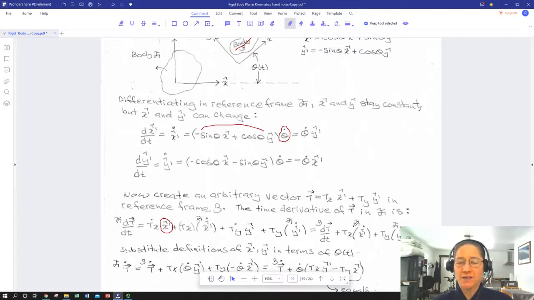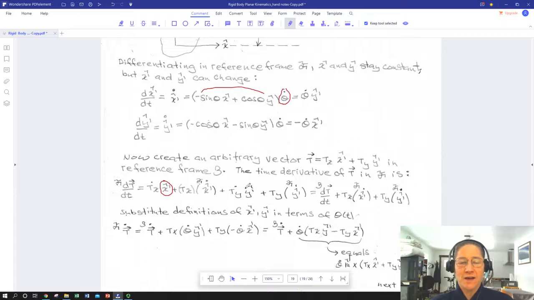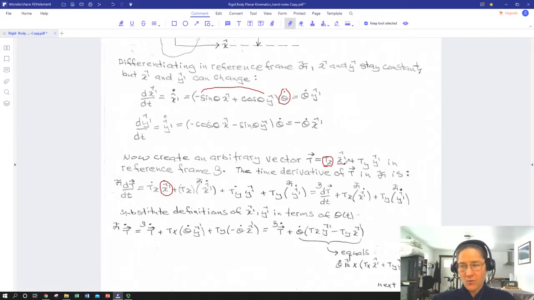And then we're going to collect terms based on reference frame. So when we look at t sub x dot, that's the time rate of change of the length, this length, in this reference frame. So t sub x dot is how fast the vector t is getting longer parallel to x prime hat.